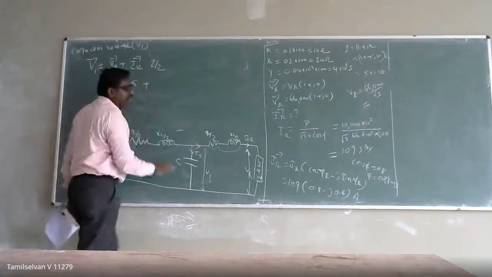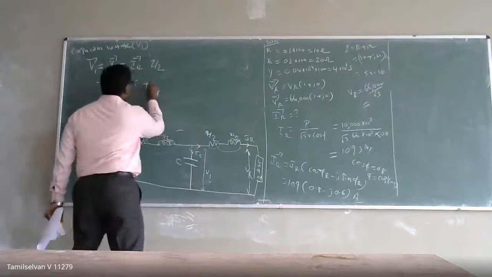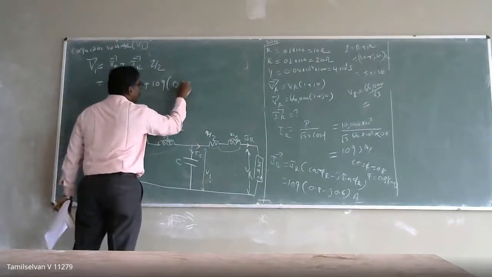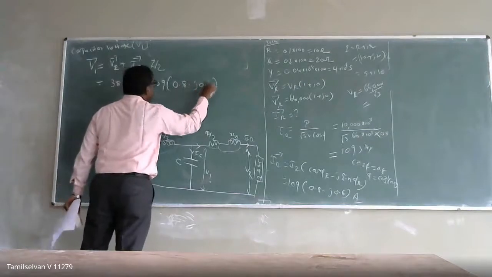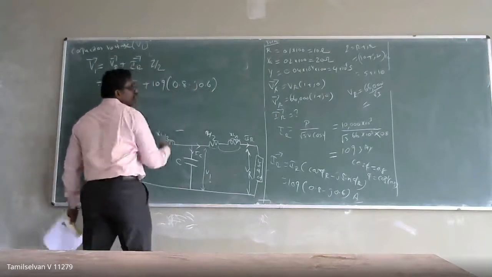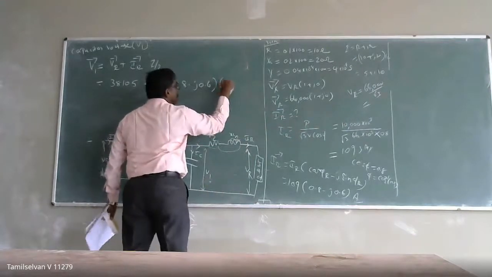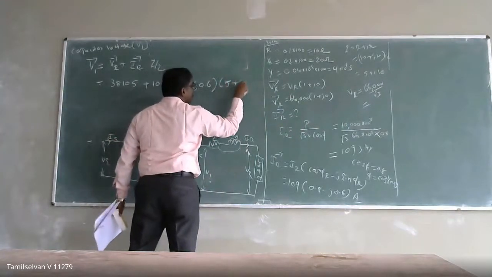Plus the IR vector, which is 109 into 0.8 minus j0.6, into Z by 2. Z by 2 is 5 plus j10.